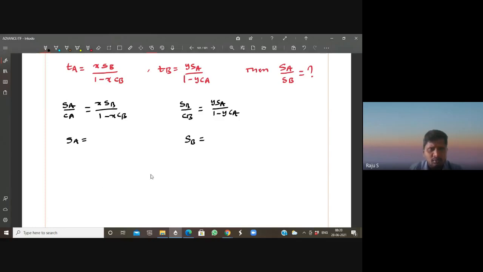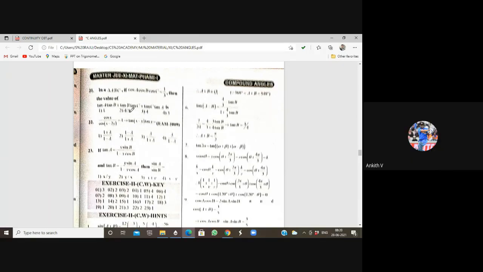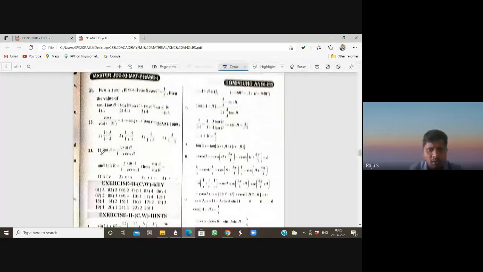So what are the options they have given here? Whether it is 1 or 2, x by y or y by x is given like that, sir. Question 23, sir. Question number 23. Okay, right. So in this case, x by y is there.